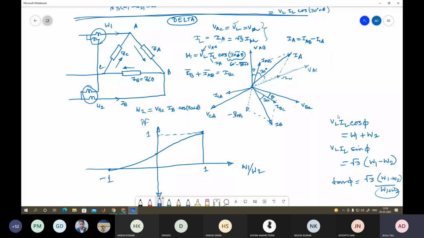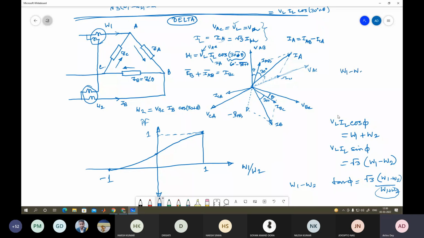So when tan 60 equals root 3, then it is half. When you put phi equal to 60, then it will become root 3, so you get W1 plus W2 equal to W1 minus W2, right? So what will be the value of that?